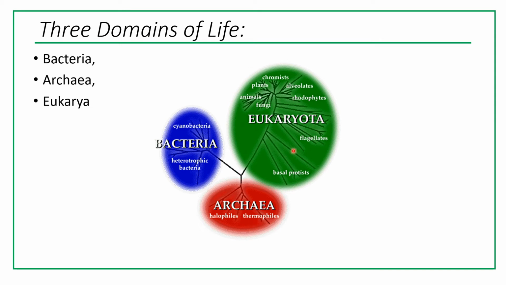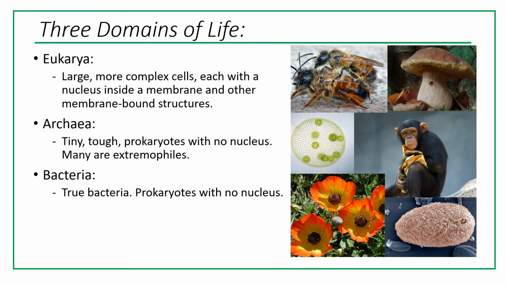And eukarya includes what we think about as life, like plants, animals, fungi, and so on. Eukarya are large, more complex cells, each with a nucleus inside a membrane and other membrane-bound structures. Archaea are tiny, tough prokaryotes with no nucleus.